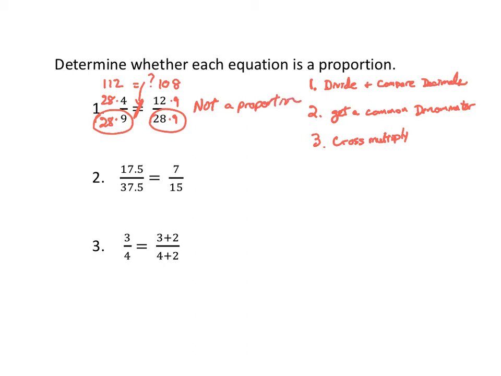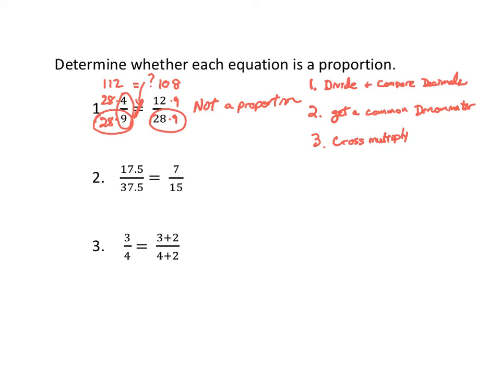If I keep everything on the correct side of the equal sign, like I did, then since 4 times 28 is larger than 12 times 9, then 4/9 is larger than 12 over 28. So this one's larger because 112 is larger than 108. Okay, so that is one way you can do it.